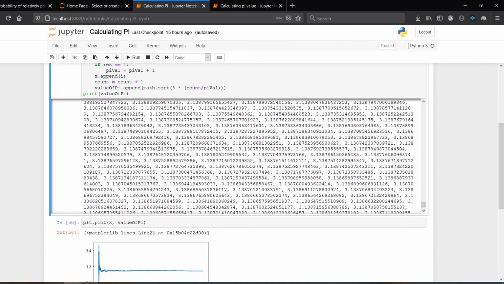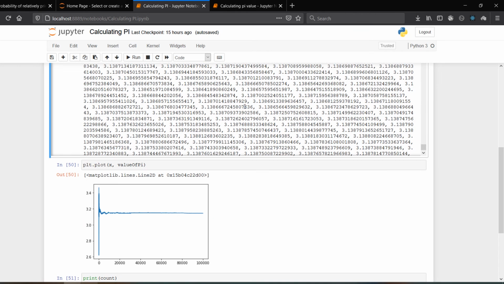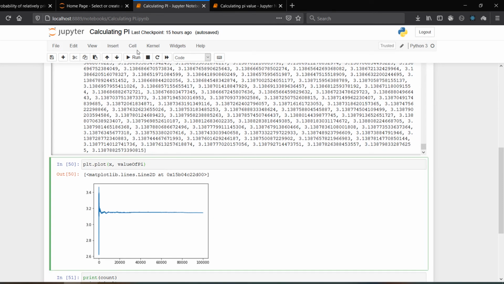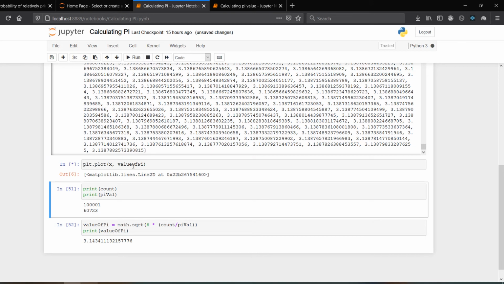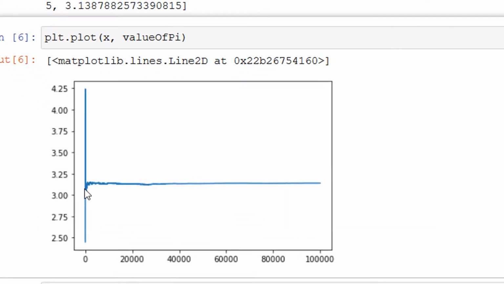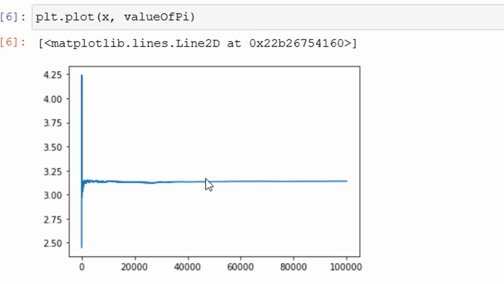This all depends on the random numbers we are generating. If we plot these values in the graph, we can see that the values are nearly the value of pi, 3.141. The farther we go, the closer we get to the value of pi.